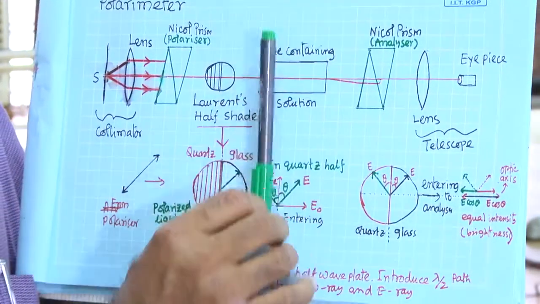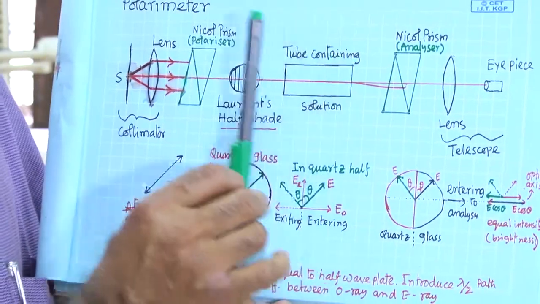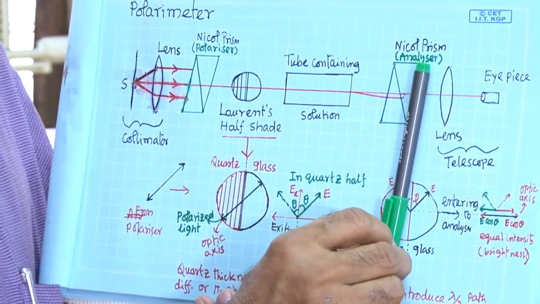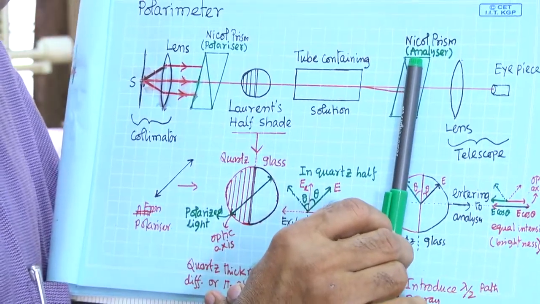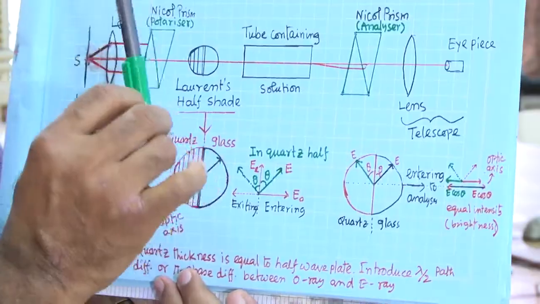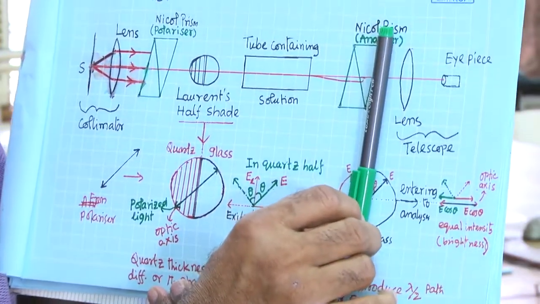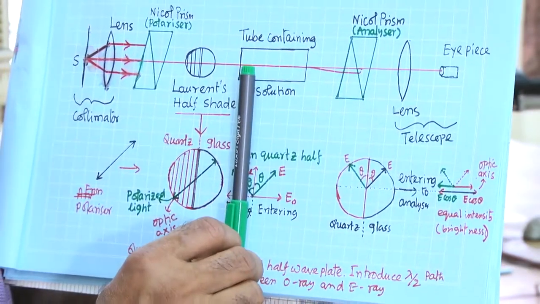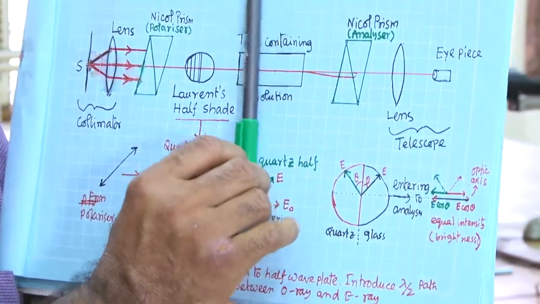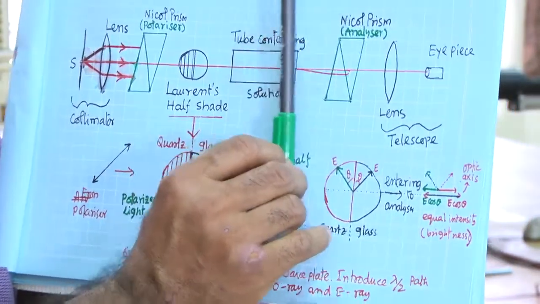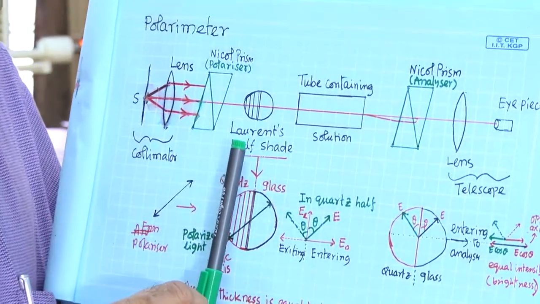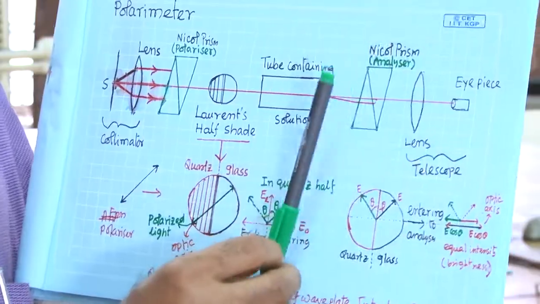Initially, if the polarizer and the analyzer, the other nickel prism, are put parallel, with their optics axes parallel, then if there is no rotation, we get intense light.